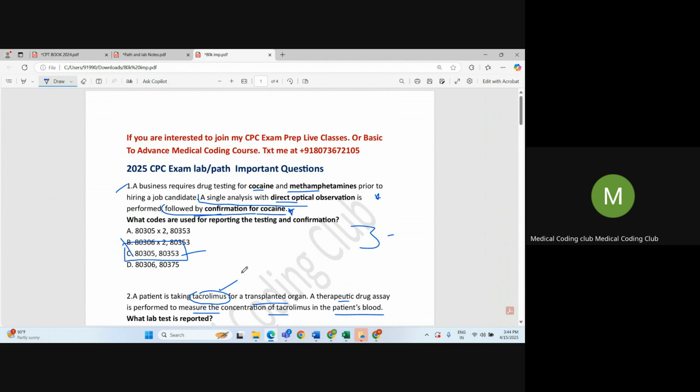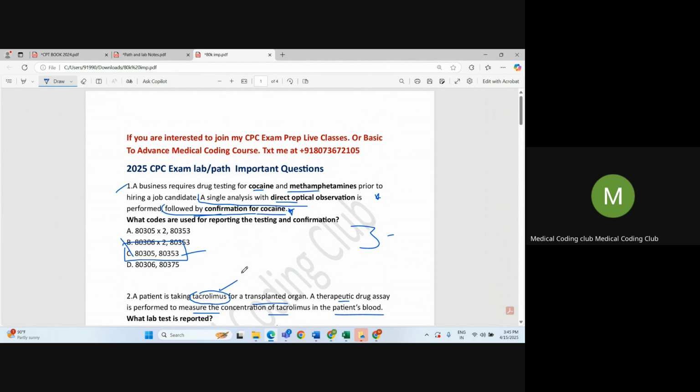Okay, so you need to know panel coding, next drug assay and pathology consultation, urine analysis and laboratory tests like urine culture, and specimens, frozen section, cytologic evaluation. Okay, and surgical pathology includes levels. We do have surgical pathology levels based on the procedure, or based on the specimen.